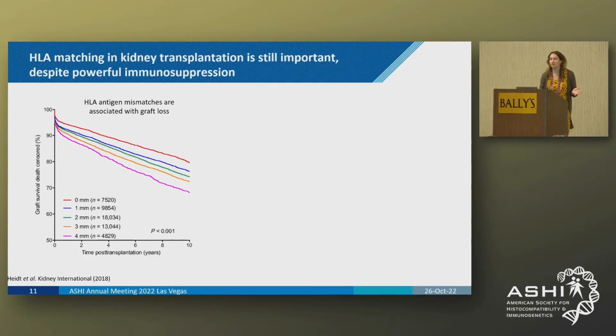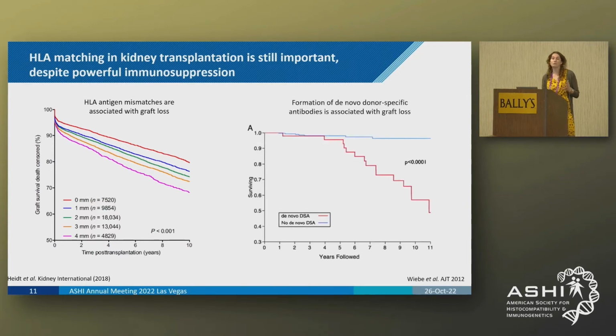Here is a very familiar slide probably to you all: HLA matching in kidney transplantation is still very important despite the powerful immunosuppressive drugs we have nowadays. Every HLA antigen mismatch leads to an increased risk of graft failure. This is due to the formation of donor-specific antibodies directed against this HLA mismatched antigen.